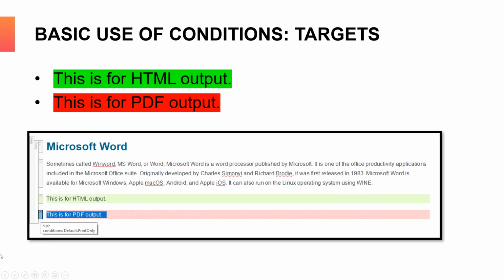So for example, this is for HTML output or a hyperlink or whatever. This is PDF output. Now I put my condition tag on my entire P element. I could also highlight individual words, for example, images, tables, etc. Now, in my topic by default, nothing will happen because my topic is my topic. Everything is in there.